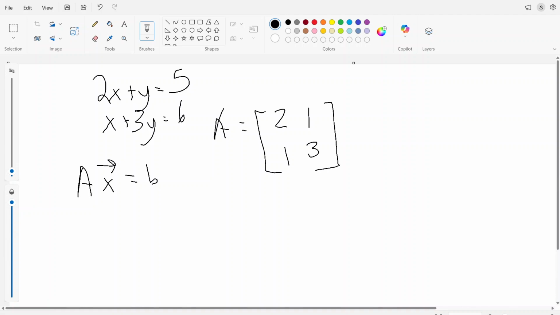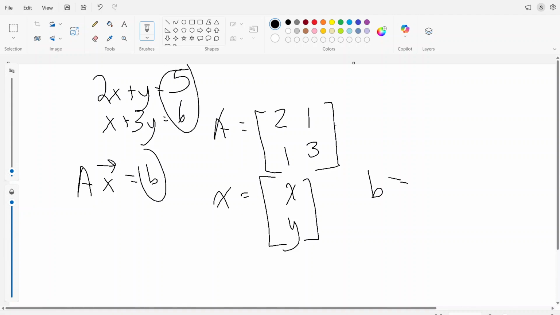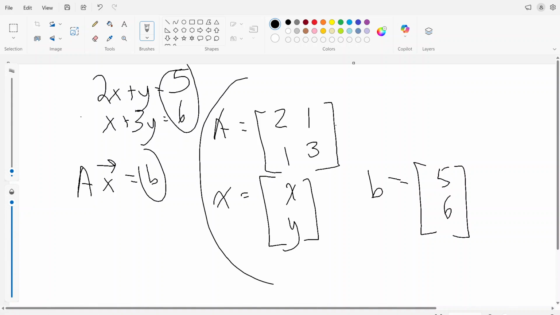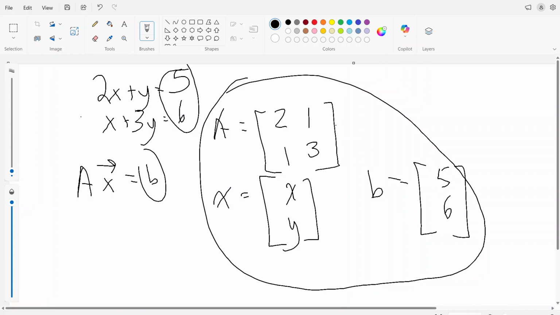Remember that we just take the coefficients out and plug it into a matrix. X is the same thing always. We have our two variables, x, y, and b will be our solution set, the right-hand side, which will be 5 and 6. So this is how we can rewrite this whole system in the form of matrices, right?